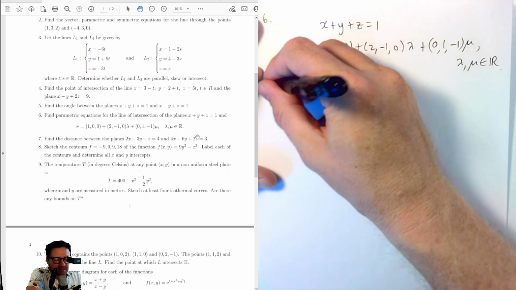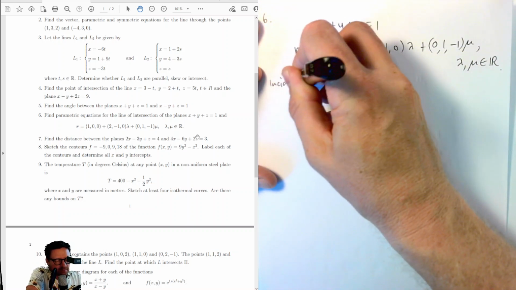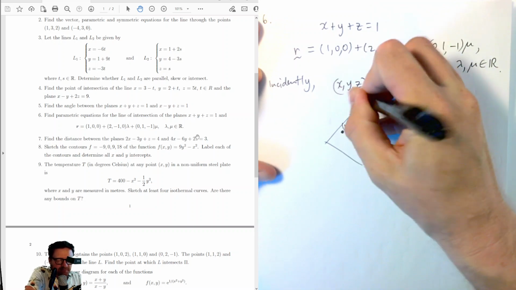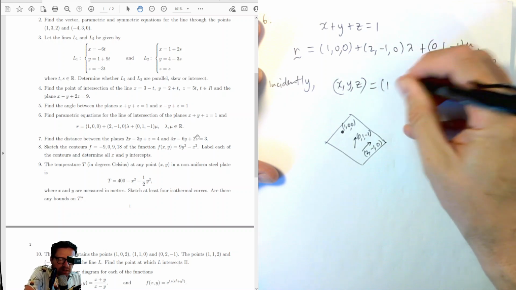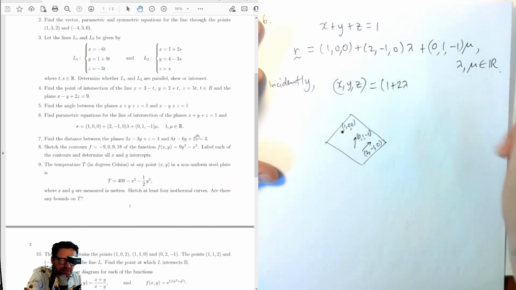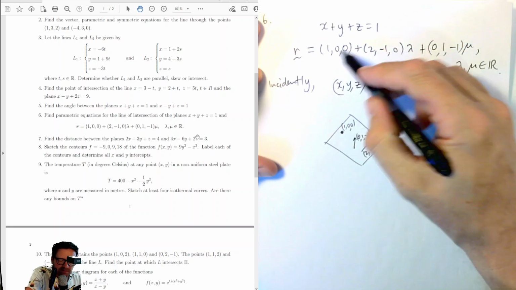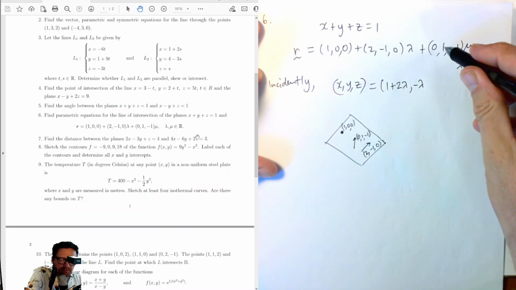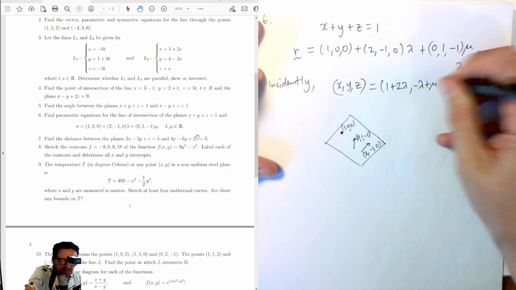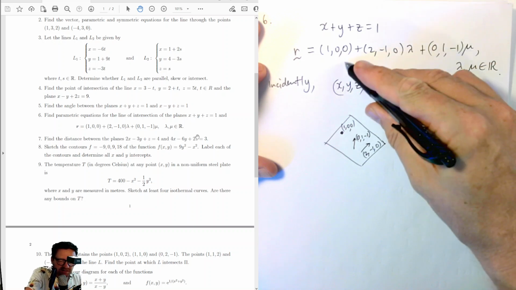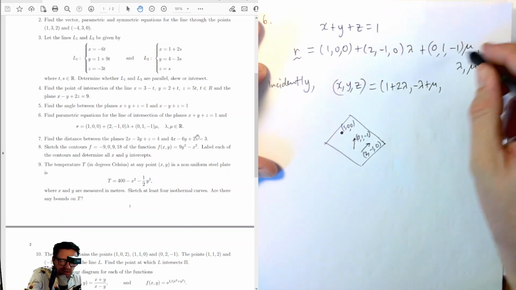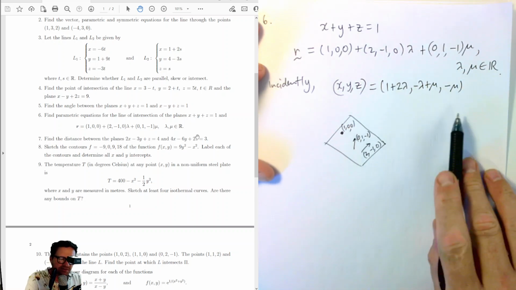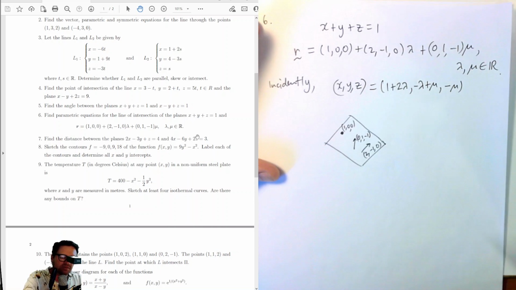So, incidentally, x, y, z equals 1 plus 2 lambda, 0 plus minus lambda plus 1 times mu, so plus mu, and then 0 plus 0 lambda plus minus 1 times mu. So this gives us a parametric representation of the points on the plane.